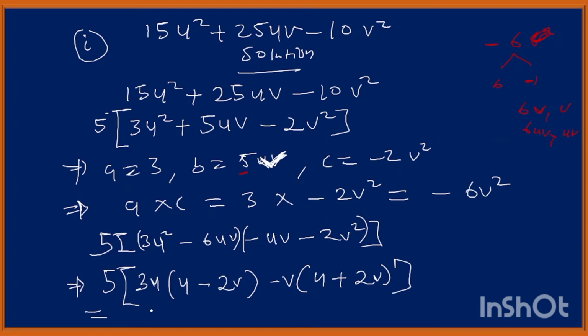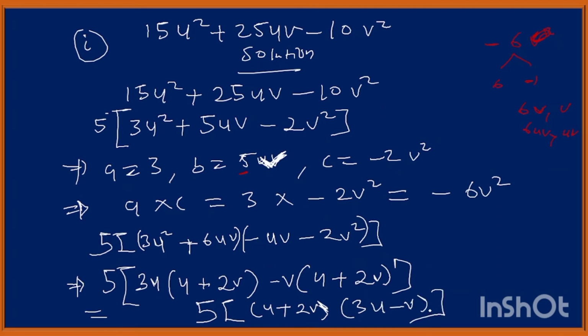So what is our answer? Our answer is going to be 5 into, so you can see what we have. This is minus, this minus, this plus, this is actually a plus. Yes, we are looking at plus uv, not minus uv, plus uv. So they give me u plus 2v bracket and then 3u minus v bracket close.